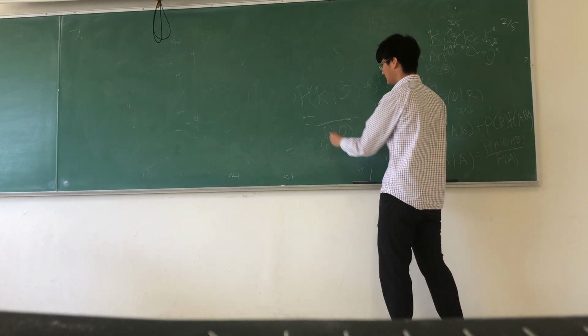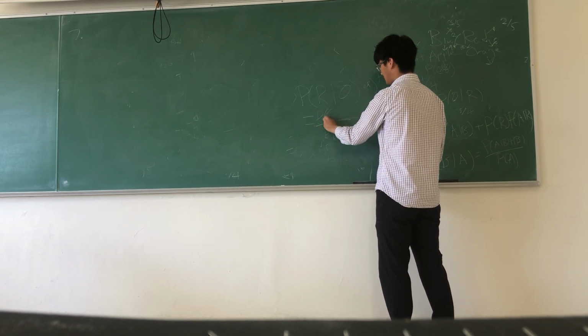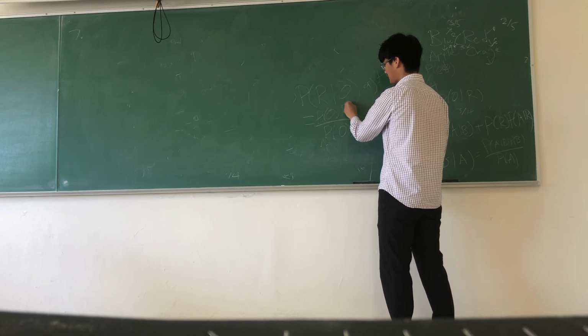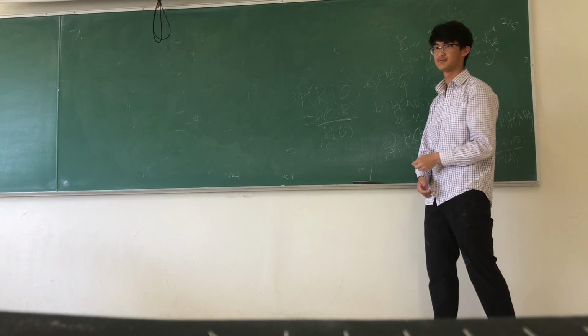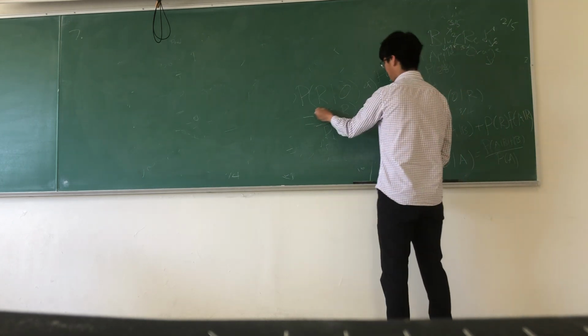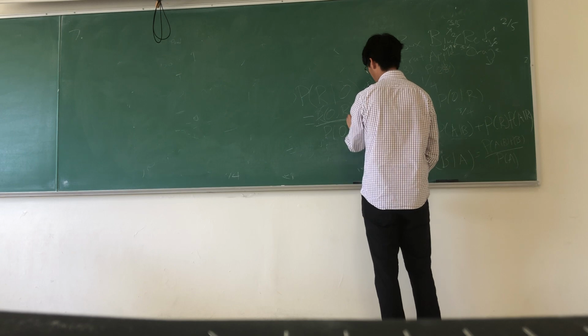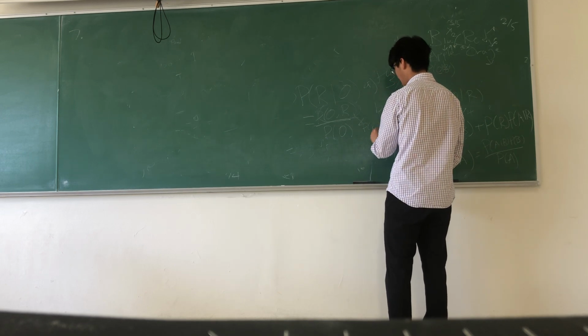And now we want what? We want the universe where both of these events happen, the orange and the red box. And we know what this is because we already have P of R and P of O given R.